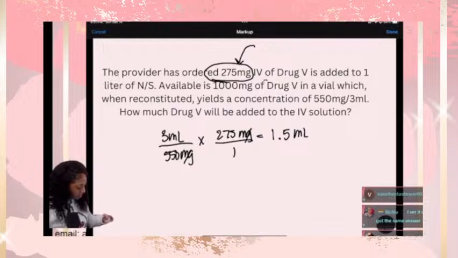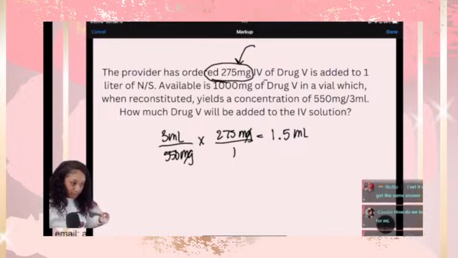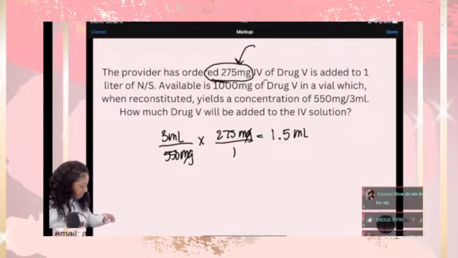It says the drug is available when reconstituted. When you reconstitute a medicine, you're adding water to powder to make it a liquid. So in that whole bottle there's 1,000 milligrams, but in every 3 milliliters there is 550 milligrams.